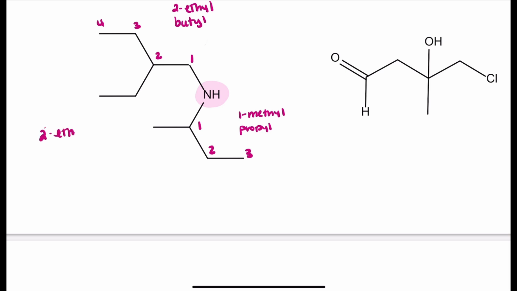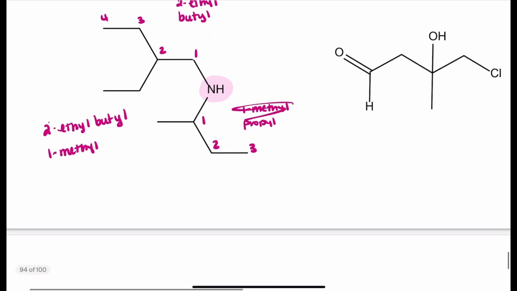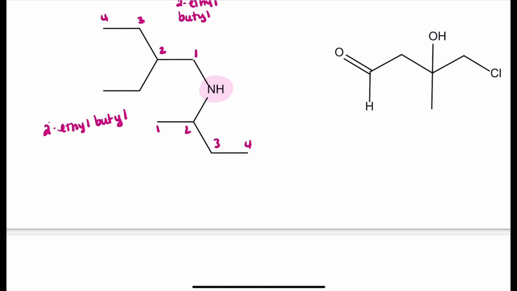So 2-ethylbutyl, 1-methylpropyl, or sorry, no, I'm not going to call it 1-methyl. 2, 3, 4. I should really pay more attention. I apologize, you guys. This is sec-butyl. 2-ethylbutyl, sec-butyl, amine.